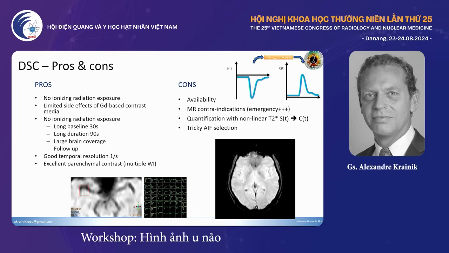And then you have several mathematical operations to turn your signal curve into the concentration curve and so on. That's why we don't really need to go to real quantification using MR, but rather a semi-quantification.